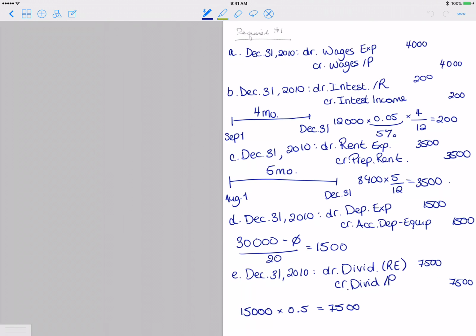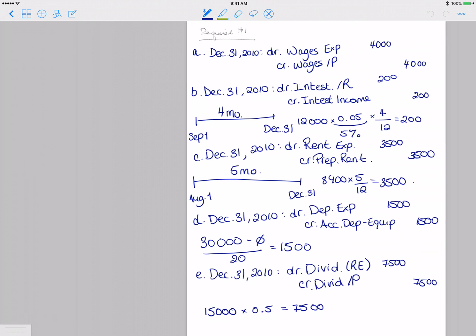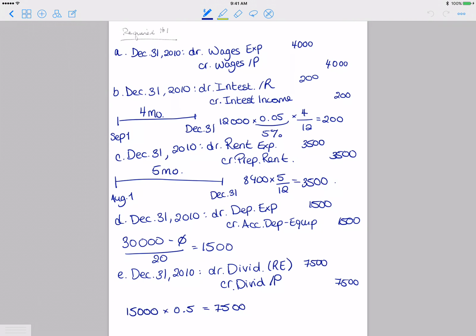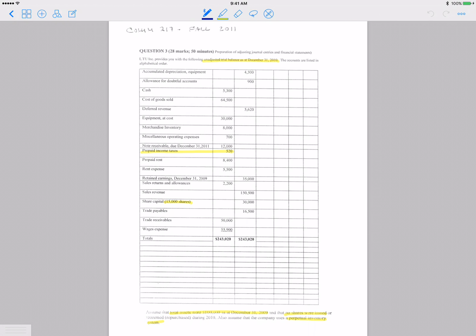But before we do that, one thing we should be doing is taking all of these accounts that we have just added in or adjusted in our requirements and adjusting our unadjusted trial balances. So we need to start by adding in all of the accounts.